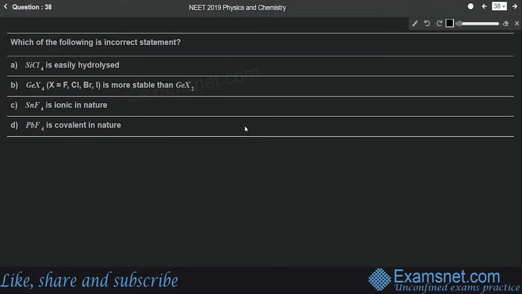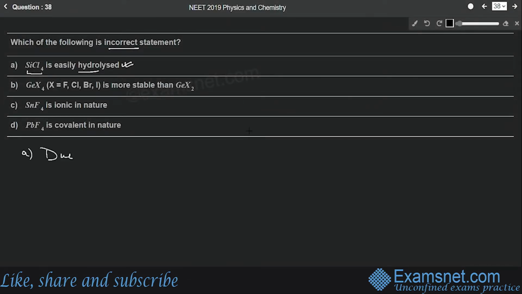Question number 38 is again from the P block elements, and the question is which of the following is incorrect statement. Okay, so the first one is silicon tetrachloride is easily hydrolyzed. So this is a correct statement, and what is the reason? Reason is the presence of vacant d orbital in silicon. Okay, so let's write it down here.